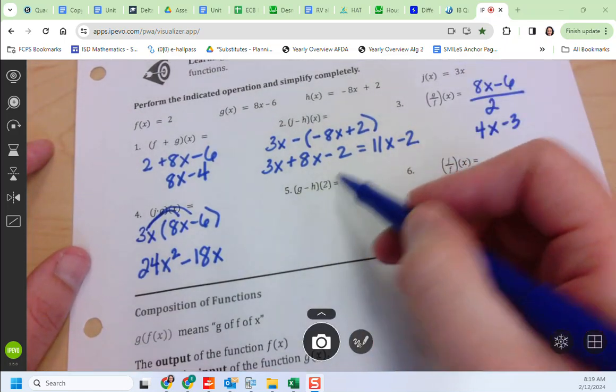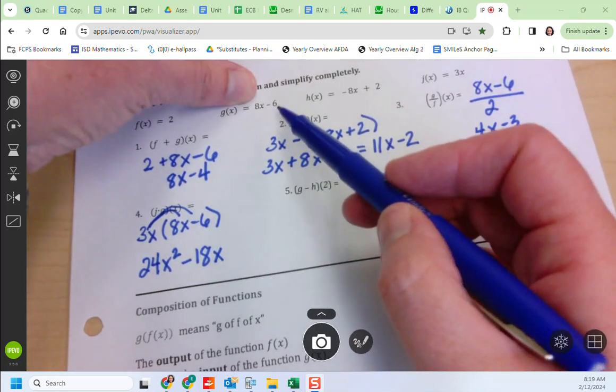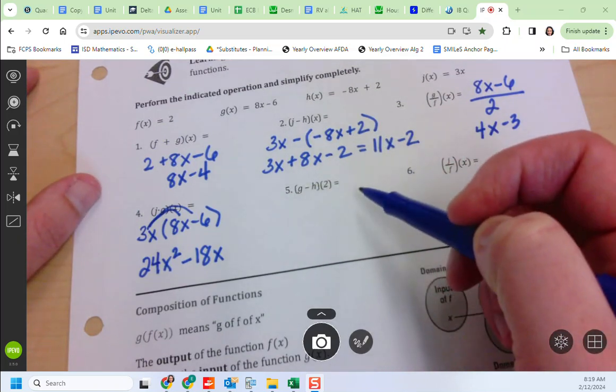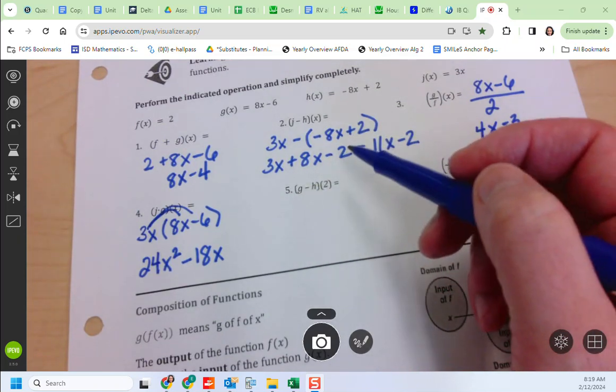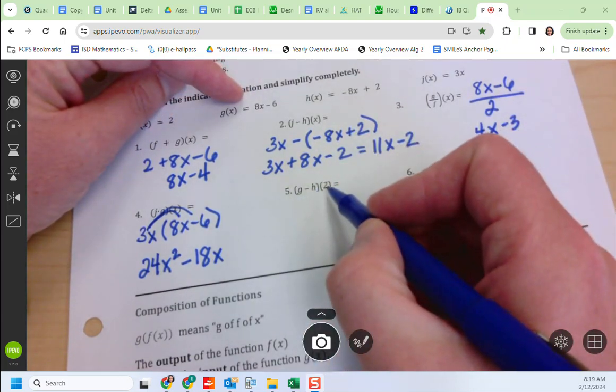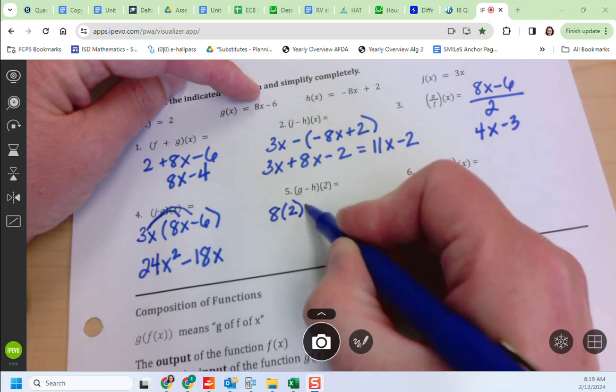This one is subtraction, and you can start it the same way if you want. You can do g minus h, or you can substitute 2 into each one, and then you can subtract it. I'm going to show you that way in case you want to do it that way. So g of 2 is 8 times 2 minus 6.